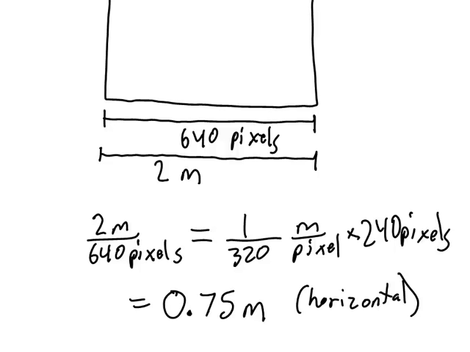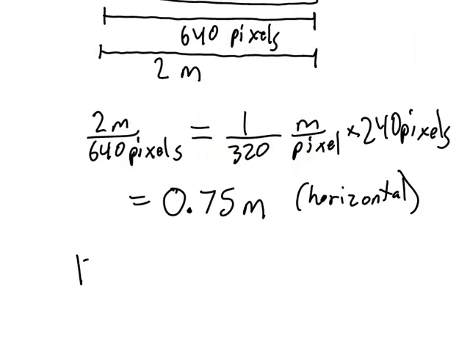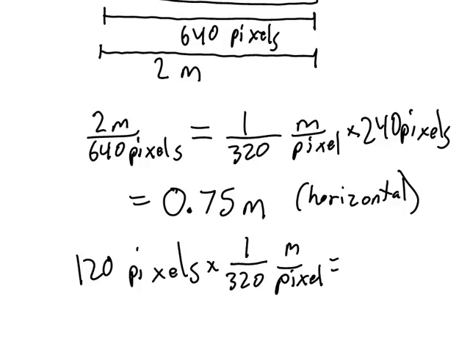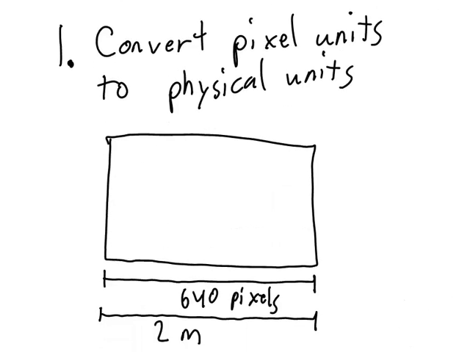I could do the same thing to find the vertical location of the object, and I'll do that real quickly here. We said that the vertical location of the object in pixel units is 120 pixels. I'll use my pixel to meter conversion factor to find the vertical location of the object. And we're now done with step 1, which was to convert pixel units to physical units.